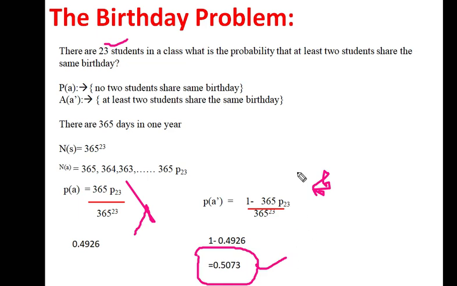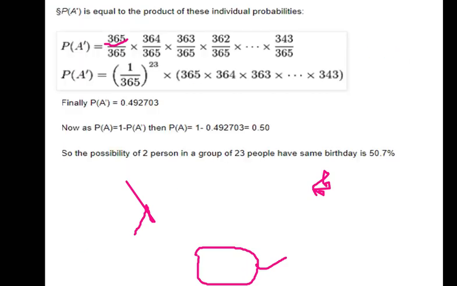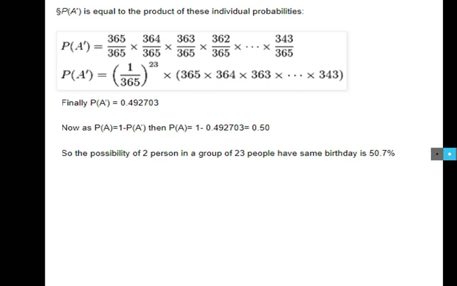Okay, so this is what we have seen, the birthday problem. In the previous example I considered the same thing. Here we are writing P of A dash, that is, up to 23 students, and we use the previous formula.